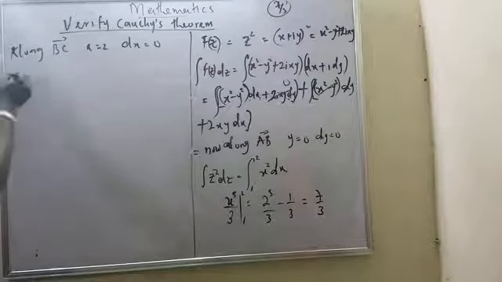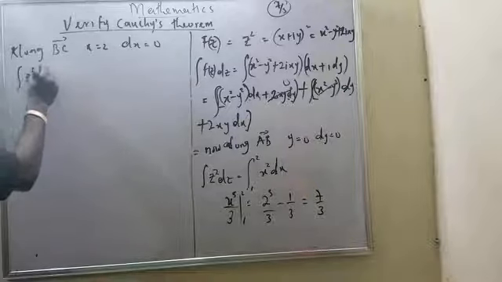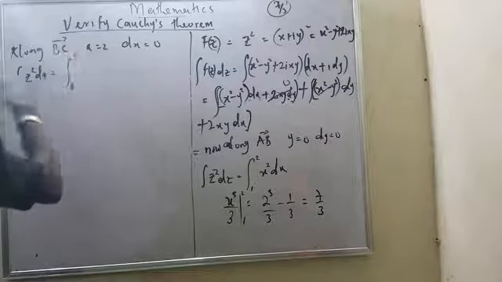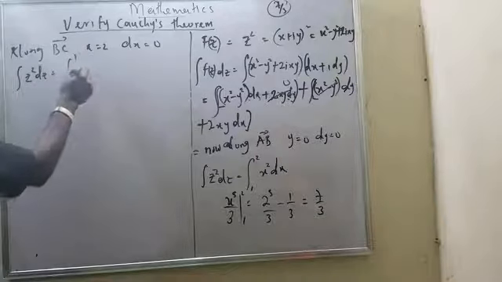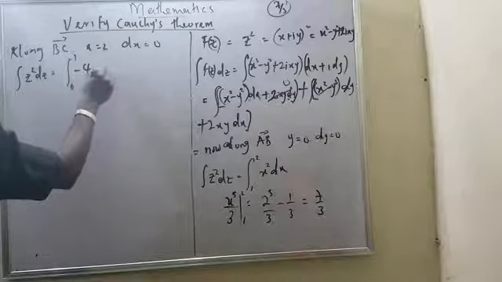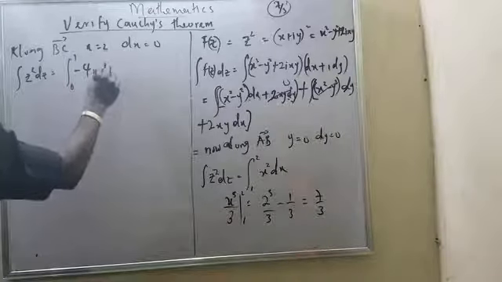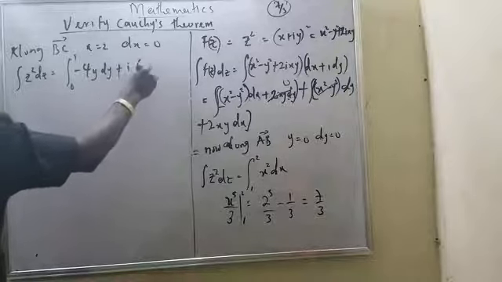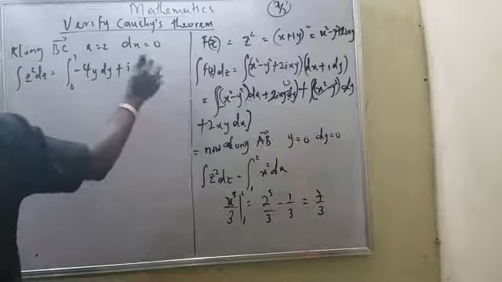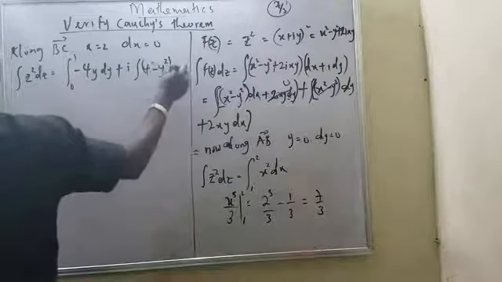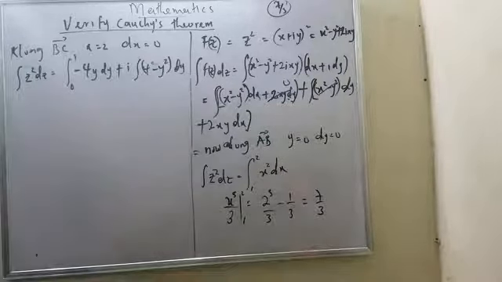Now it means my integral of z squared dz will be equal to, running from 0 to 1, the integral of minus 4y dy plus i times the integral of 4 minus y squared dy. Yes, that is what I'm having there.